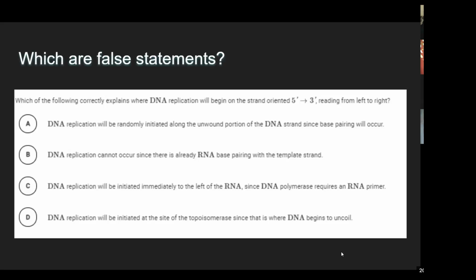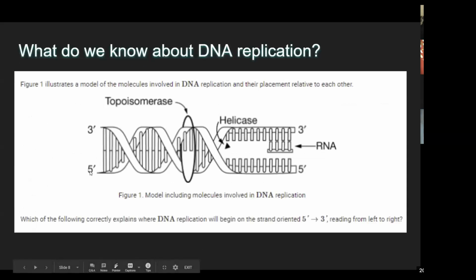So now the question is, which of the following correctly explains where DNA replication begins? On the strand orientated 5' to 3', reading from left to right. So they're saying reading left to right, 5' to 3'. So it's going this way. So this is the strand they're looking at.